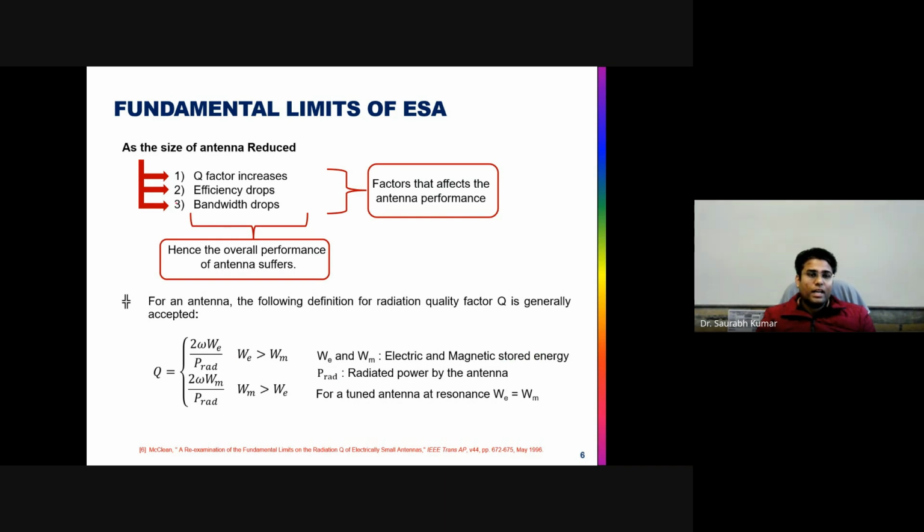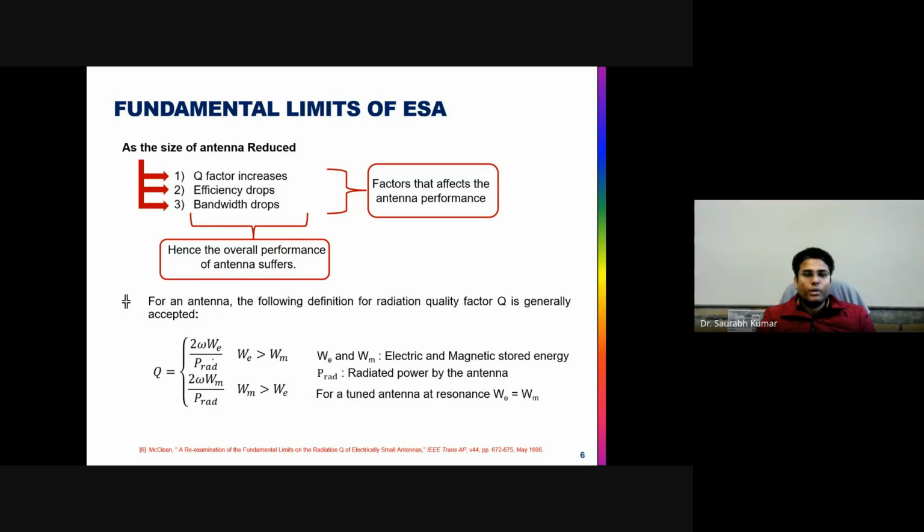So if the antenna is electrically small, its radiation density, or you can say its power, will be reduced somewhere. So the stored energy will increase and the radiated one will decrease, and hence the quality factor will increase.